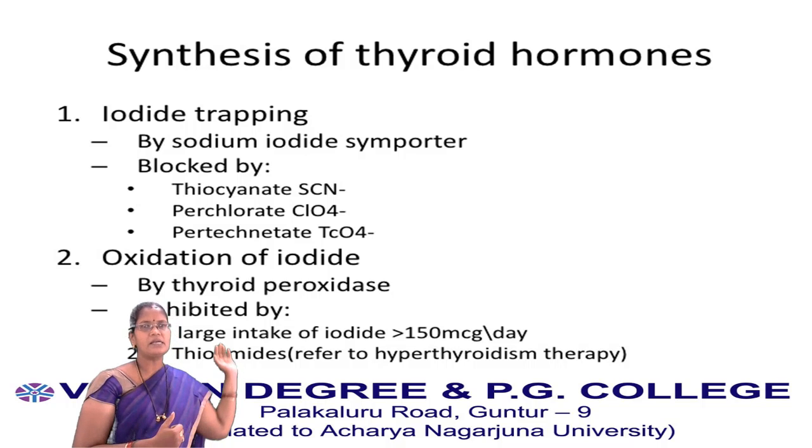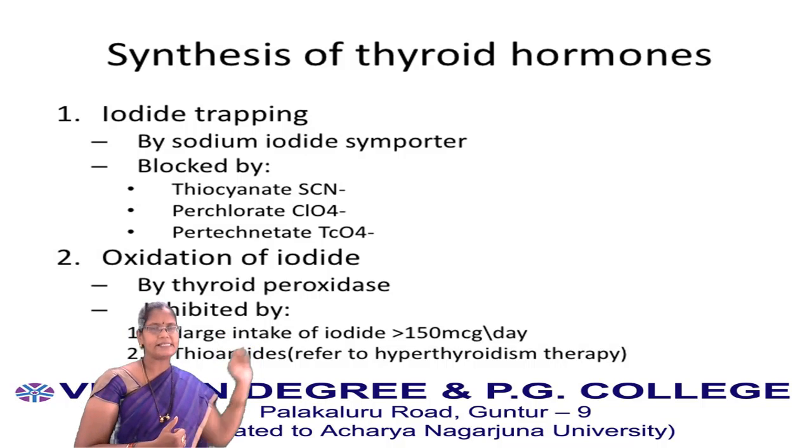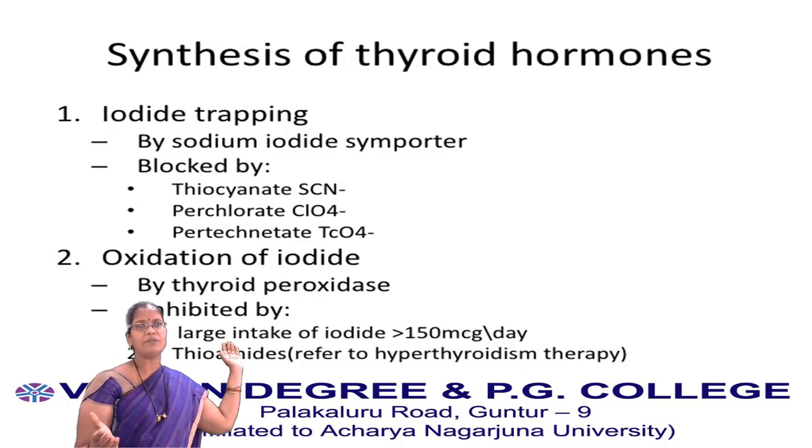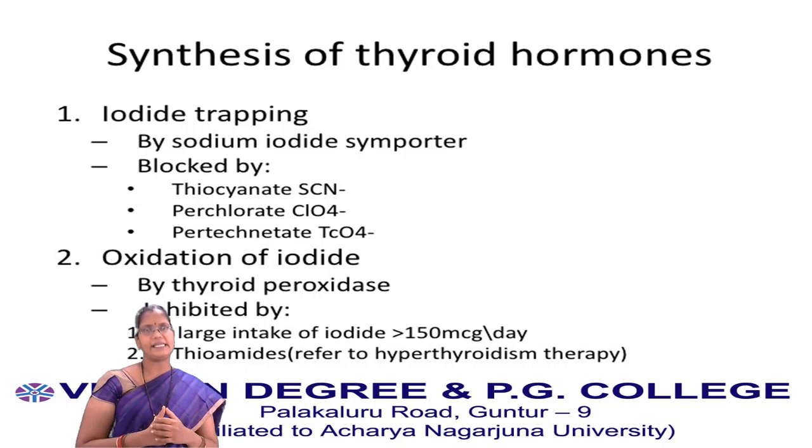This thyroid peroxidase is inhibited by drugs like thioamides, which are mainly used in the treatment of hyperthyroidism, and an excess intake of iodine, more than 150 mcg per day, will also inhibit the thyroid peroxidase enzyme.